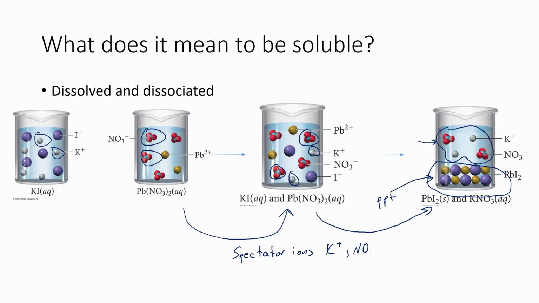We're just naming them as species. The real reaction here was only between lead and a couple of iodide ions forming lead iodide solid. In fact, any source of soluble lead combined with any source of soluble iodide will give you the exact same set of observations. You mix the two together, you get a precipitate formation.